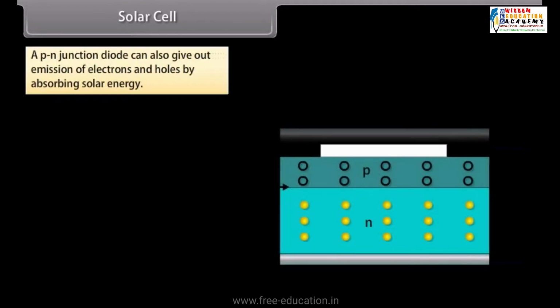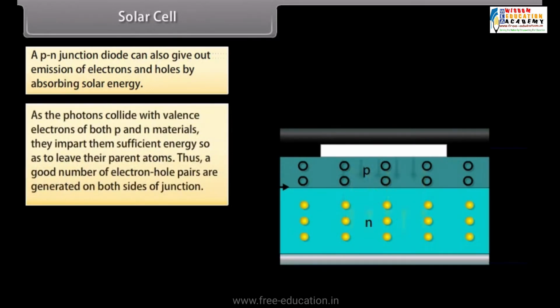A p-n junction diode can also give out electrons and holes by absorbing solar energy. The P material at the top is very thin compared to the thickness of the N material. Thus, solar energy photons entering from the top glass window easily penetrate up to both sides of the junction.